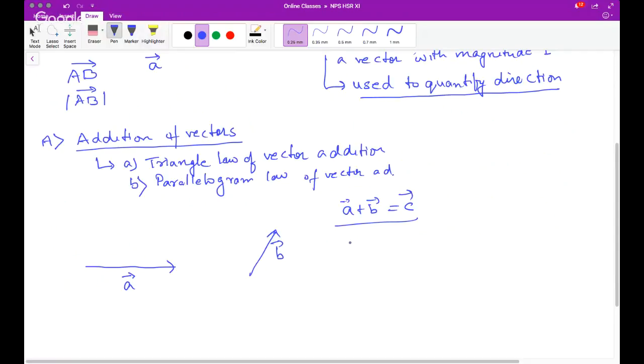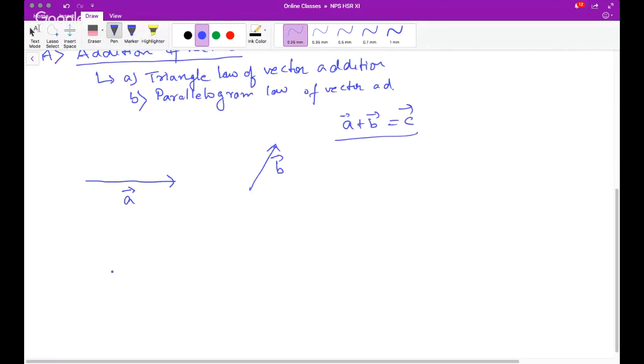We simply translated B onto A. First of all, transfer the tail of B onto the head of A, and then simply join the tail of A to the head of B. Let's say this was vector A, this is vector B, and this is vector C.